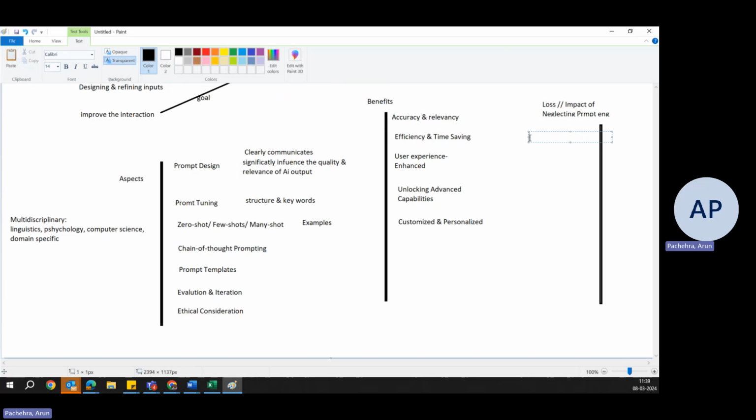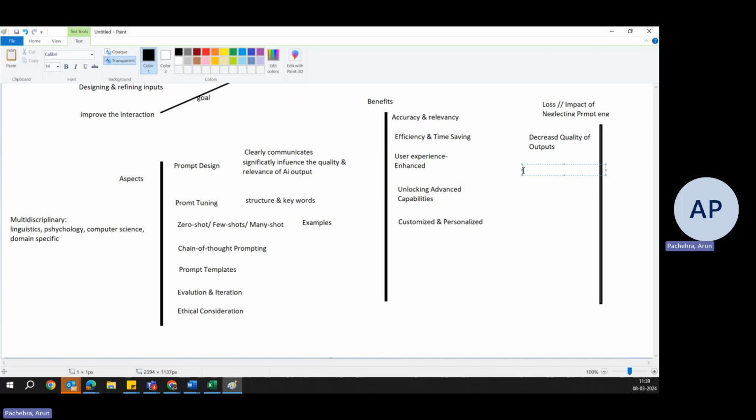So, the very first negative impact is decreased quality of outputs. Okay, that's the very first negative impact of neglecting prompt engineering. How come we all understand till now? If you're listening to me patiently, then you know what exactly it means.